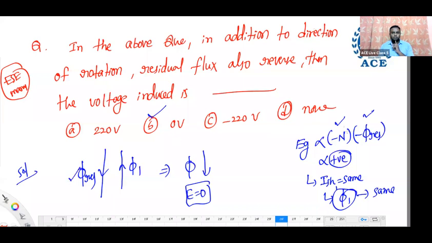But the EMF polarity I am getting is the same, the field current is the same, and flux phi1 is also the same as previous. That's why I took it upward. So the resultant flux is in the opposite direction, and that's why it decreases to 0. So, are all of you clear? Just raise your hand. Some of you may still have doubts, but try to analyze. After one more question, your doubts will be cleared again.